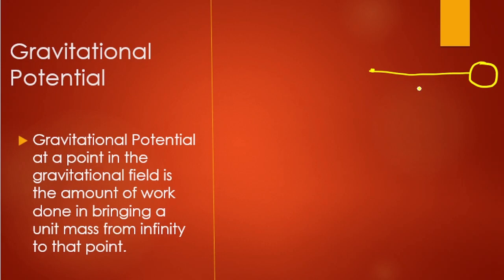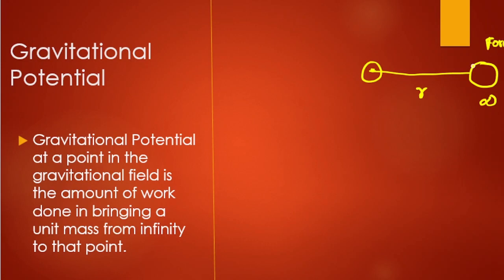The distance is denoted by the letter r. r is the distance between them. This is the infinity position. So your object should be brought to this point. To bring your object, you have to apply some force.